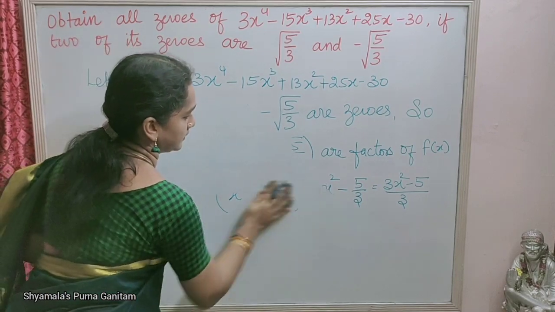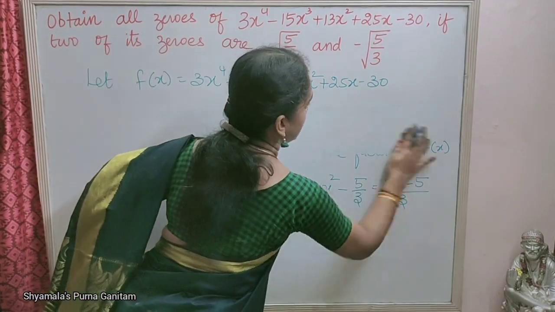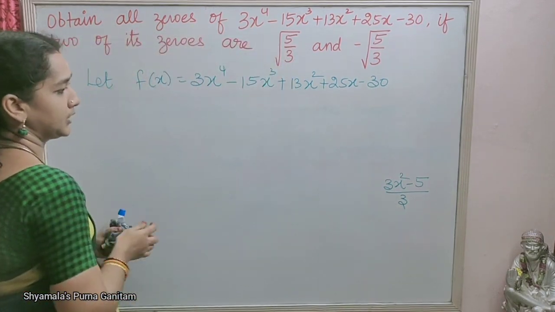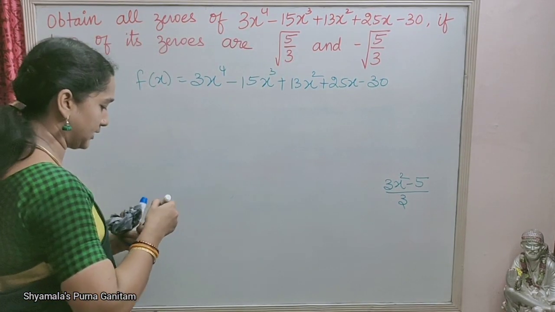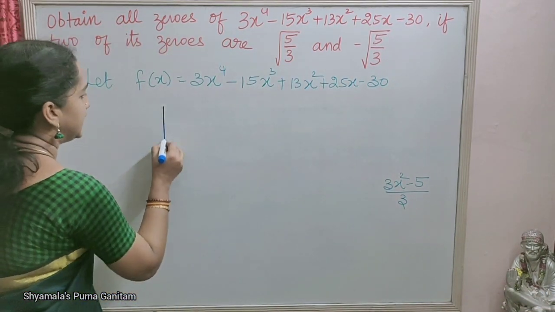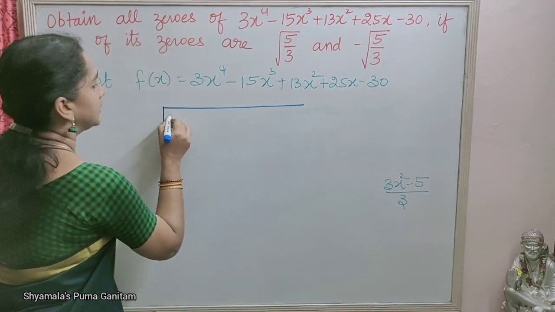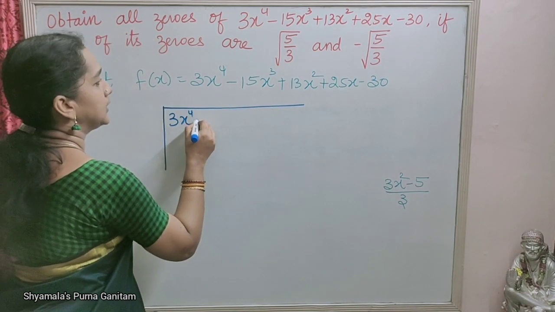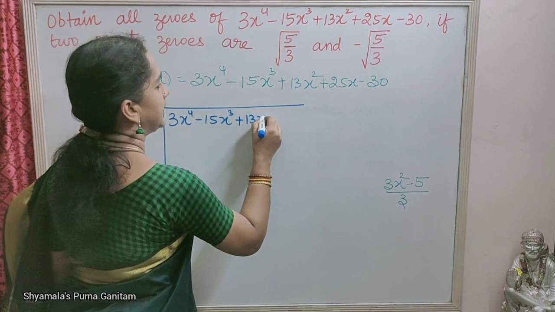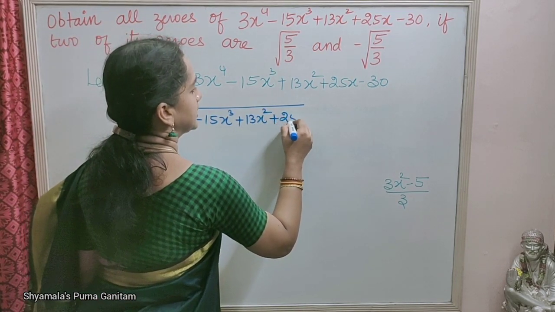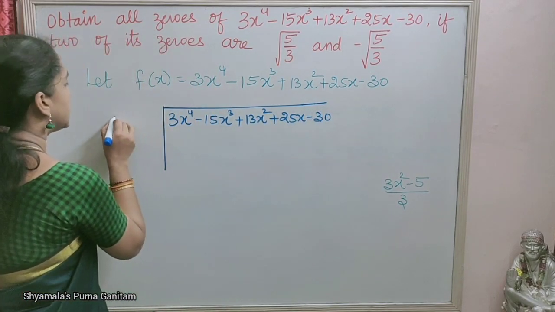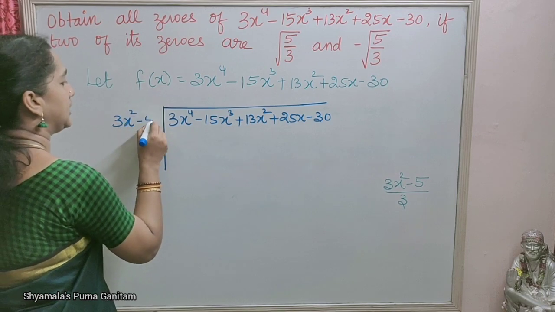So I will divide 3x power 4 minus 15x cube plus 13x squared plus 25x minus 30 by 3x squared minus 5.